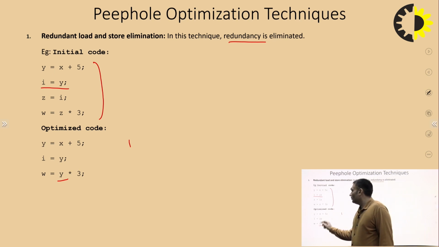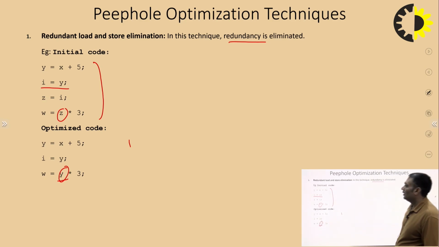So we will replace this I with y. This is called redundant load and store elimination.